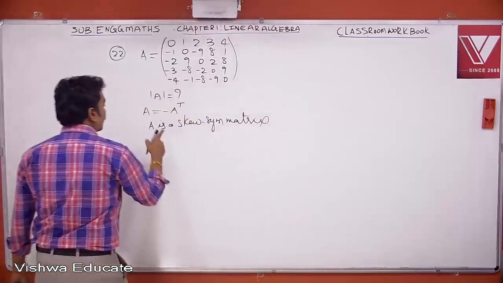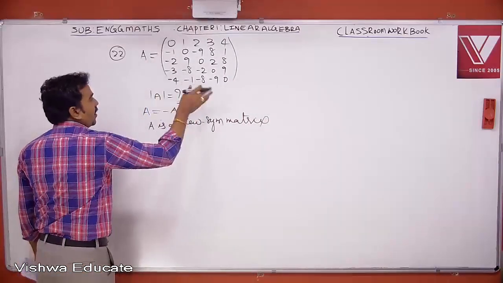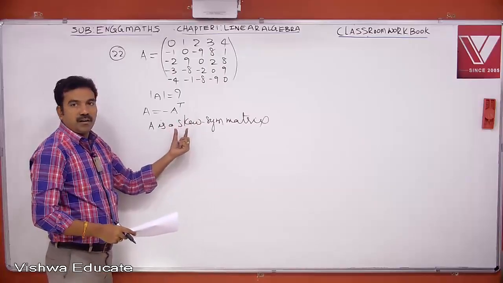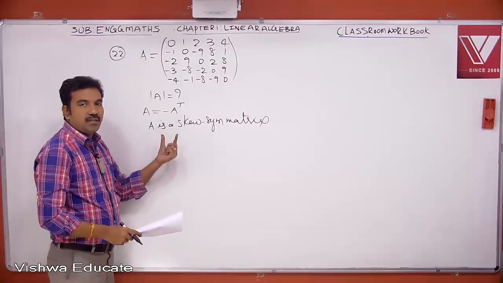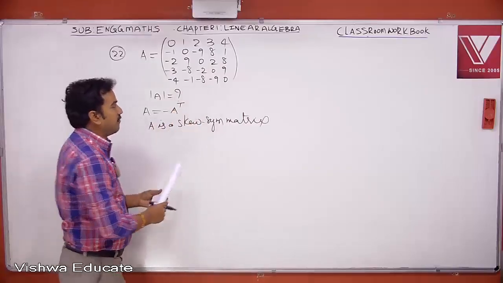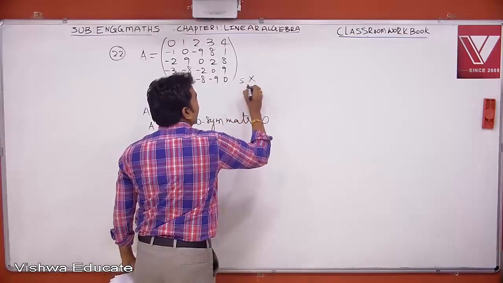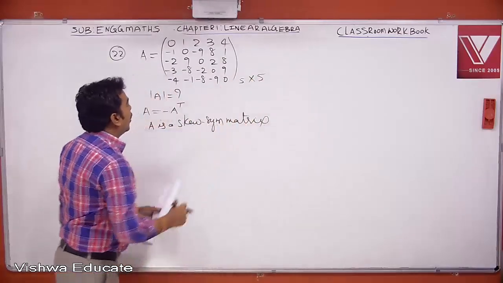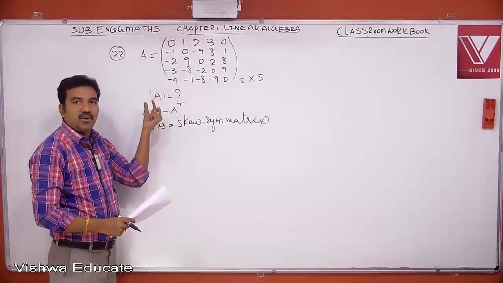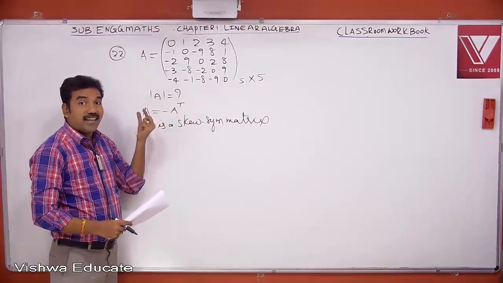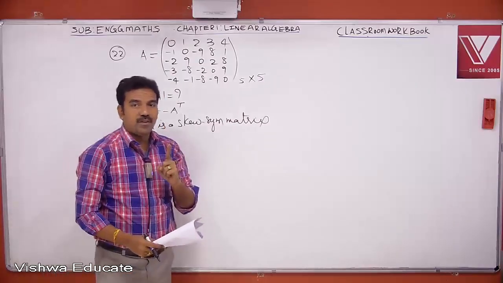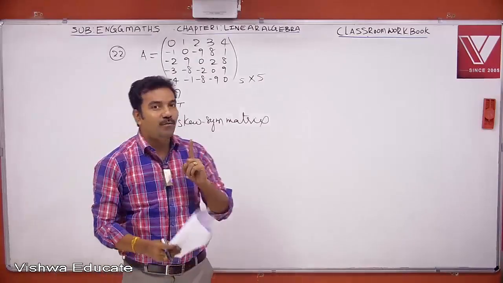Since A is a skew symmetric matrix, all diagonal elements are 0. Now, is there any way to find its determinant value? What is the size of this matrix? 5 by 5. If you try to find its determinant by expanding along any row or any column, it takes a lot of time, because in every row there is exactly one 0, and in every column there is exactly one 0.